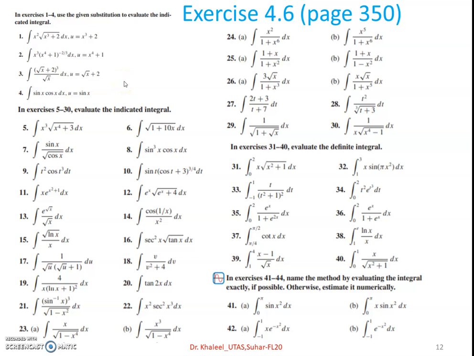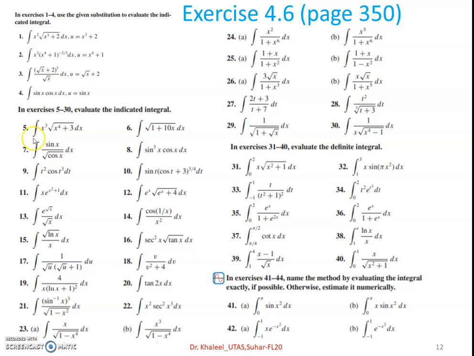So these are the examples, exercise 4.6. In questions 1 to 4, the substitutions are given and you are finding the integration. Already substitutions are given, so there is no need to do any substitution or guess. Use this substitution and find the answer.